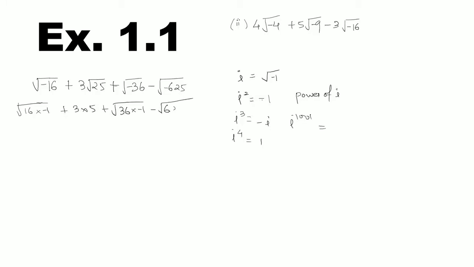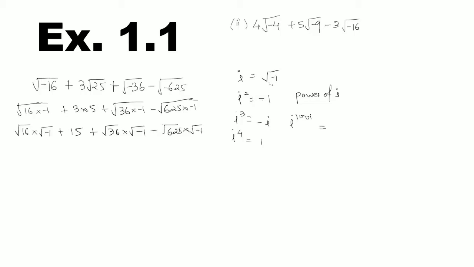So we can write it as 625 into minus 1. If we move further, we can break into these two parts: root of 16 into root of minus 1 plus this gives us 15, this gives us root of 36 into root of minus 1 minus of root of 625 into root of minus 1.